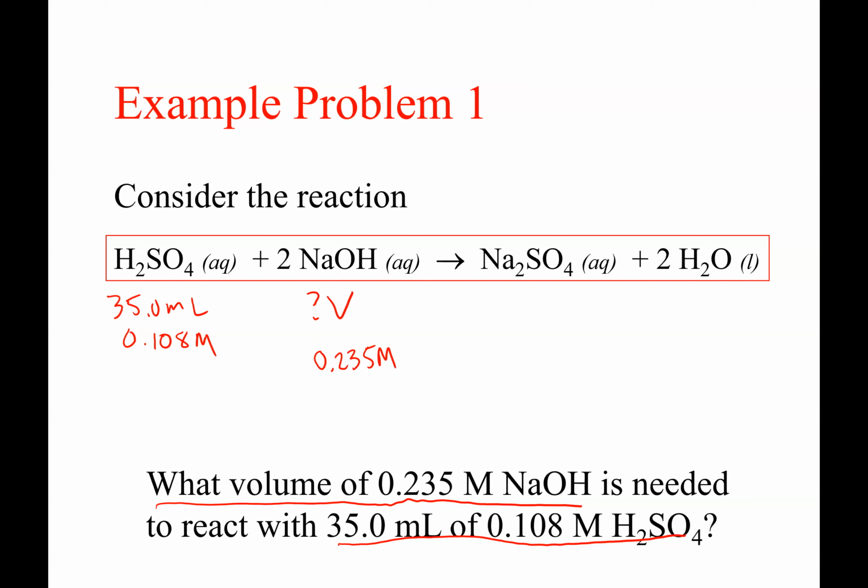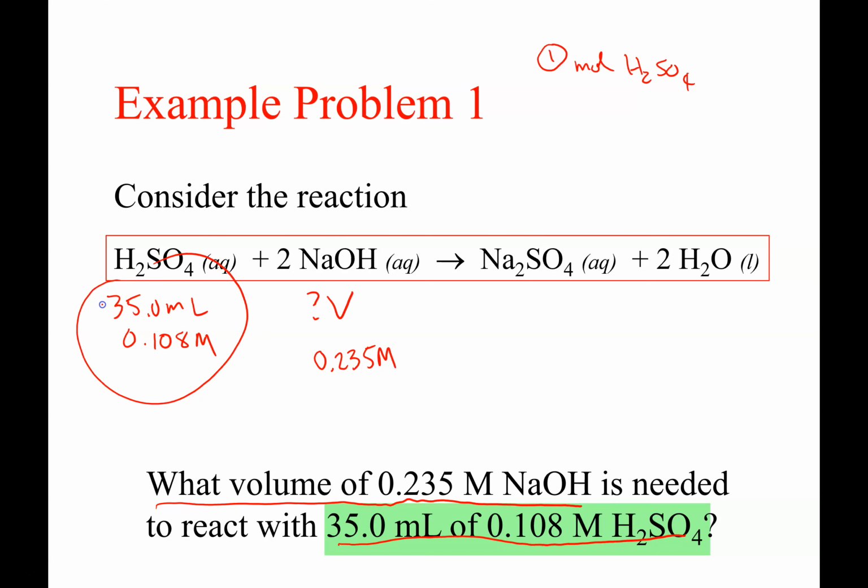Perfect. So what you're going to see on the next slides, I can write step number 1. We're going to calculate the moles of H2SO4. Can you picture that? I bet you're okay with that. This uses volume and molarity.